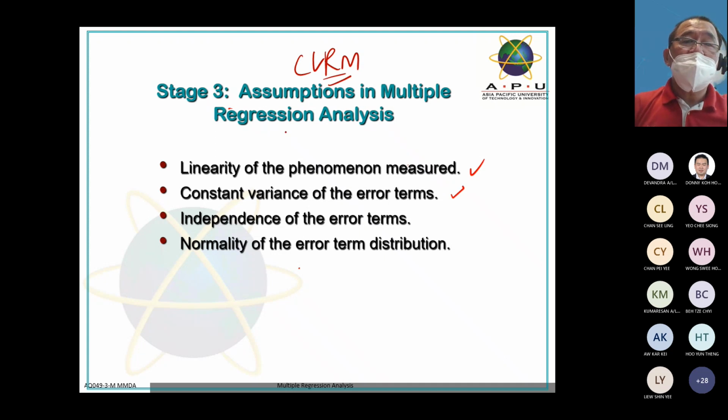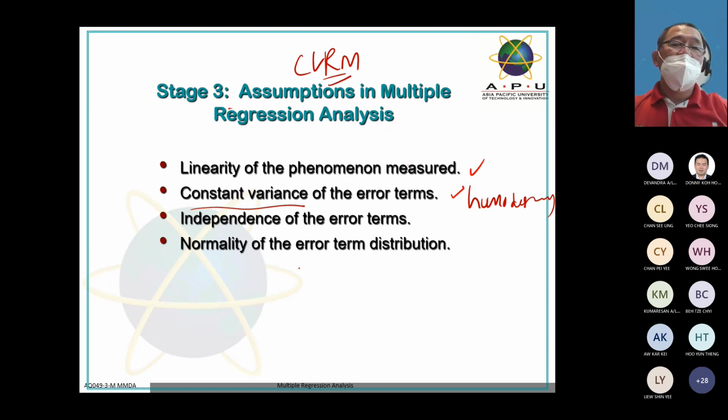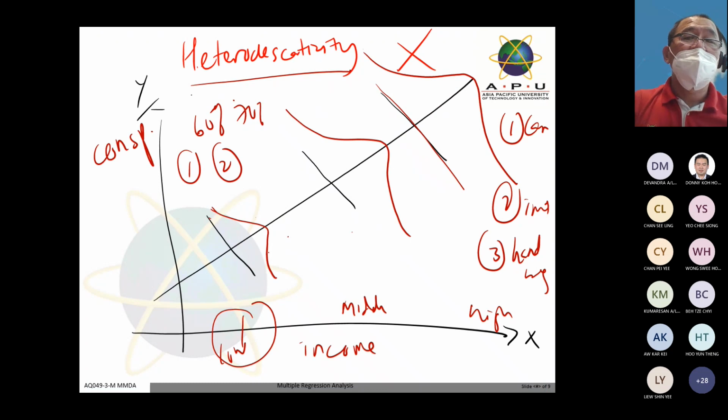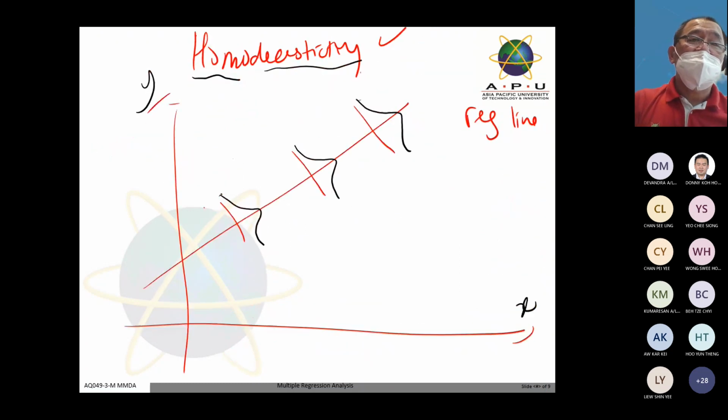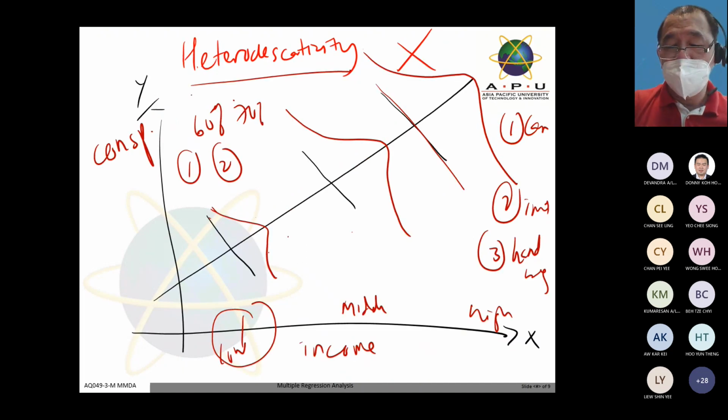Let's say the data has constant variance, therefore it's homoscedasticity, therefore it's good. The error term does not differ much. But if it differs a lot, then this is good, homo means they made the assumption. This one, they did not make the assumption.